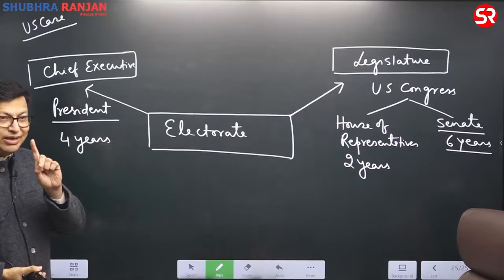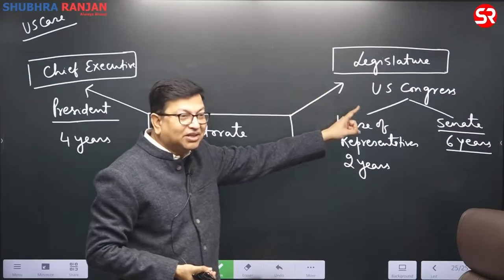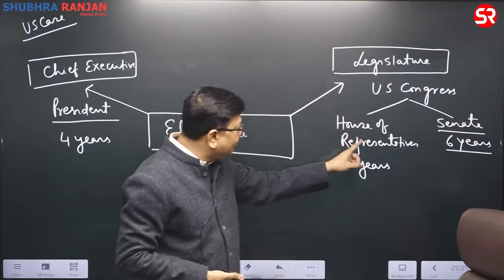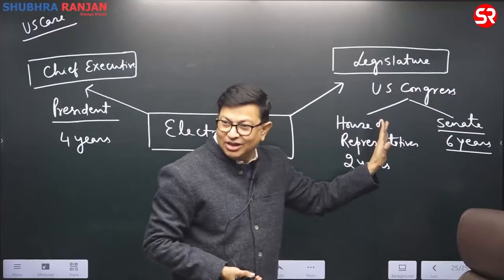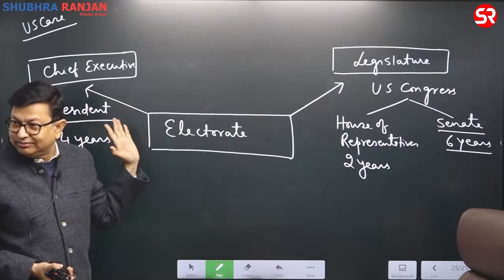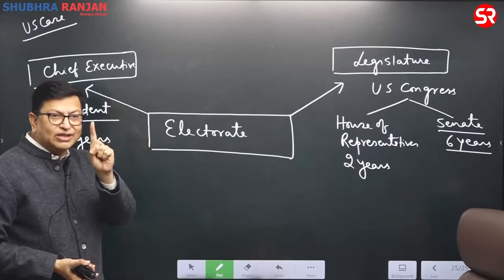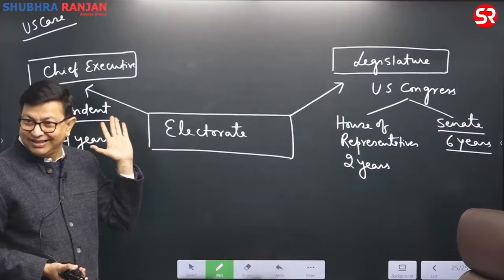So there is no effect of any change in the legislative structure in the House of Representatives or Senate on the term of the chief executive, that is the president. Nothing to do. He can be removed only by the process of impeachment.